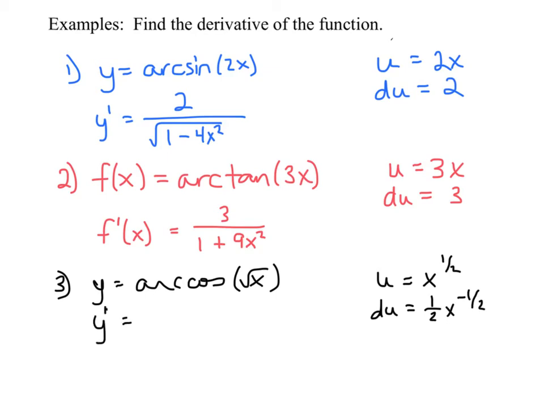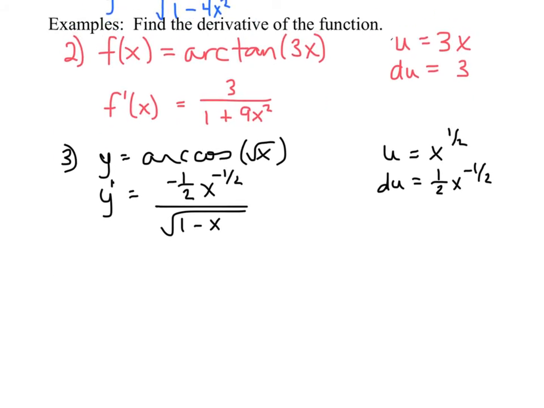So y prime equals negative du, so negative 1/2 x to the negative 1/2 over the square root of 1 minus u squared. If I square the square root of x, or if I square x to the 1/2, I just get x. That definitely needs to be cleaned up because it's not as nice as we would like. So we're going to clean that up. Let's see what needs to happen. The 2 needs to come down, so we have a negative on the top, and we have a 1.